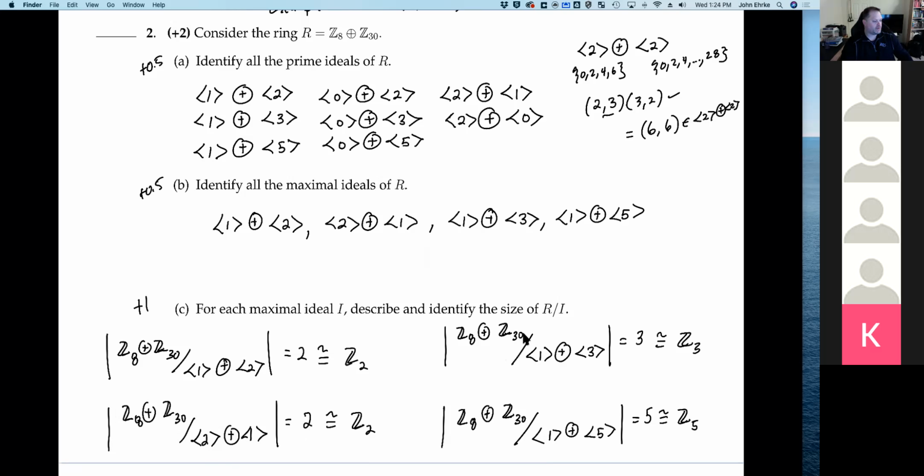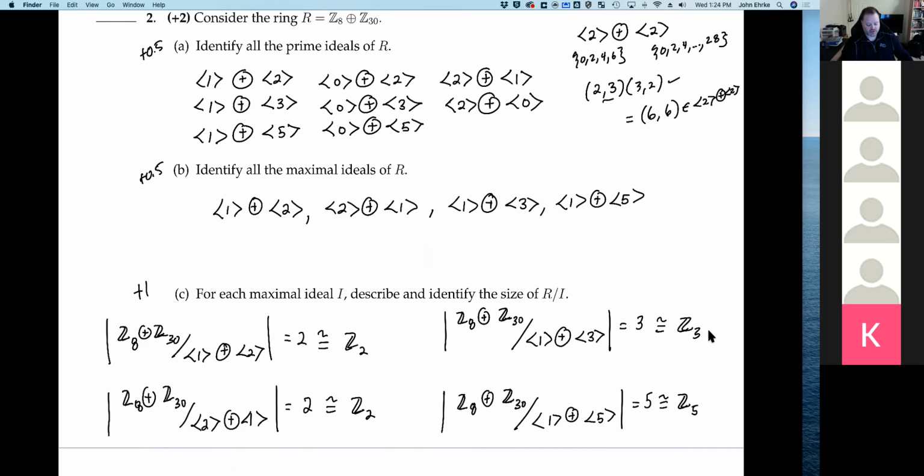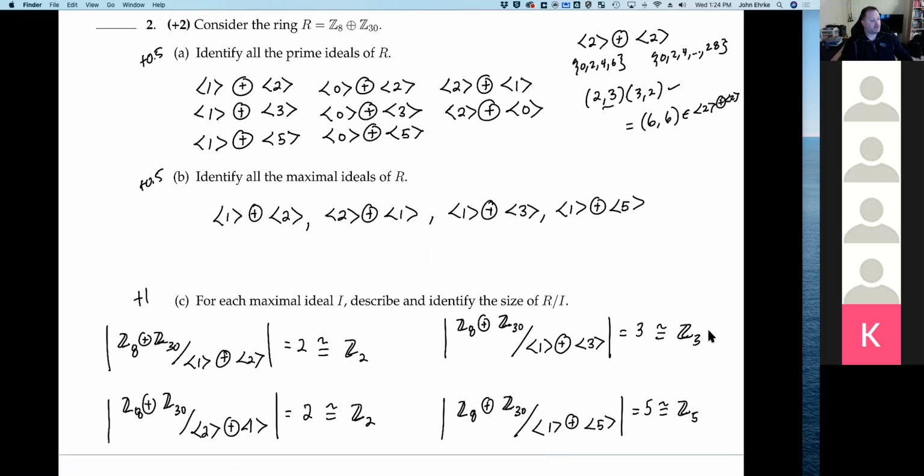Over here, this is a third of it. So you're going to have 3. The principal ideal generated by 5 is a fifth of the size of Z30. So it's going to have a total size of 5. So that's isomorphic to Z5. And so here's the big light bulb moment, if you will.